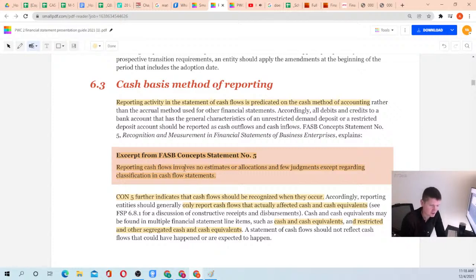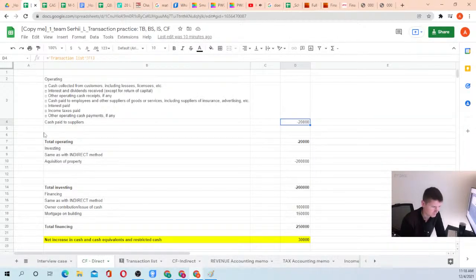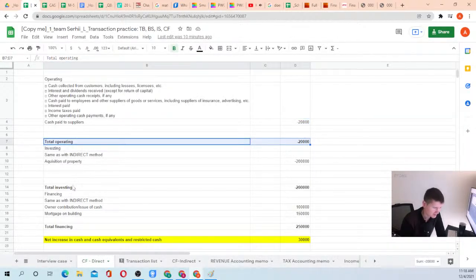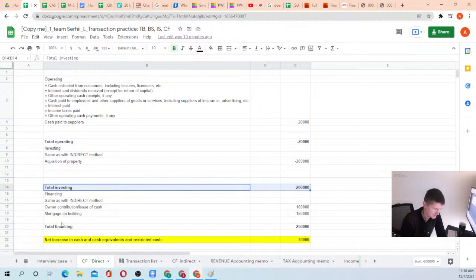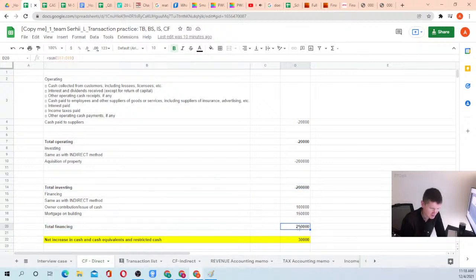And we are talking about cash basis. It means that our operating, investing, and financing items should be reported on a cash basis.